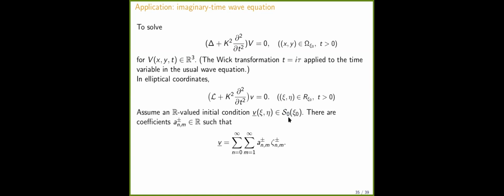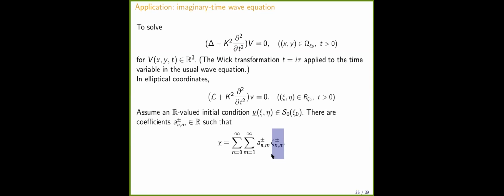Then by the classical results, the result of Goldstein, which I cited a moment ago, we can represent it as an expression in the complete system of the classical Mathieu functions, with the Q values chosen so that they vanish on the right-hand boundary.